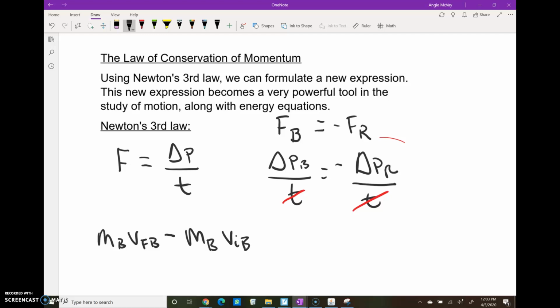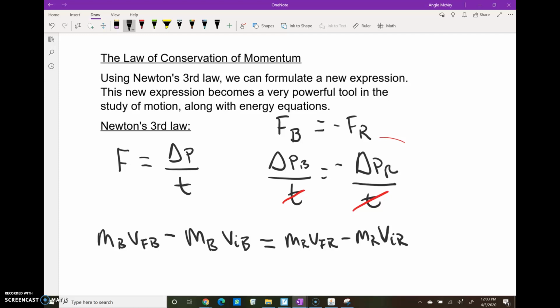That's the change in momentum of the blue car. And that's equal to the mass of the red car, velocity final red minus mass of the red car, velocity initial red. Okay, so this is the change in momentum of the red car. This is the change in momentum of the blue car.